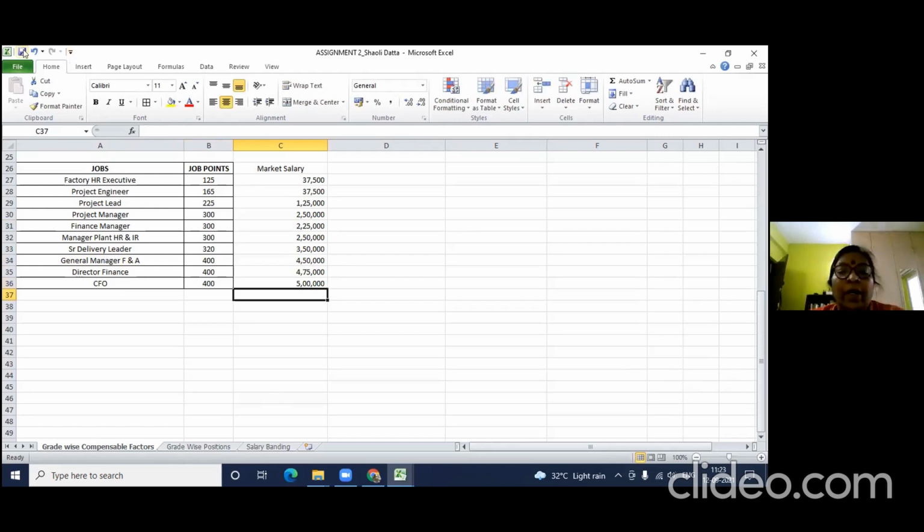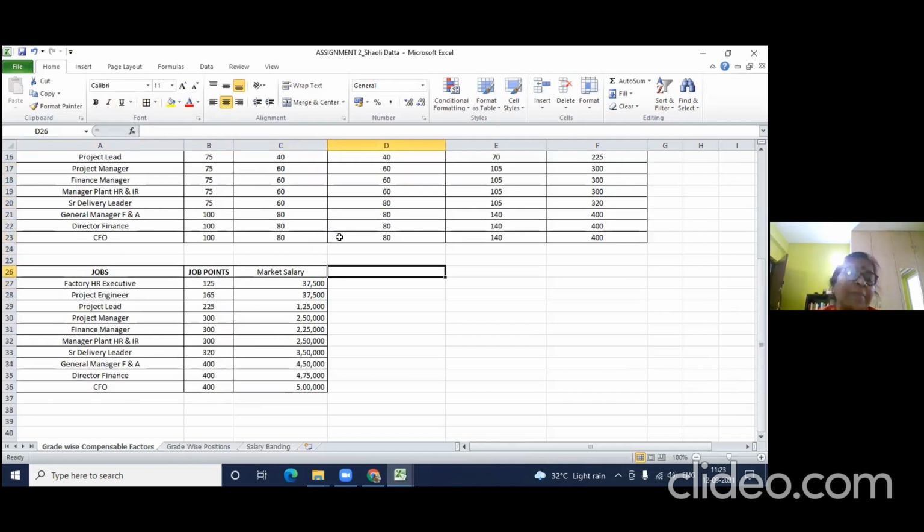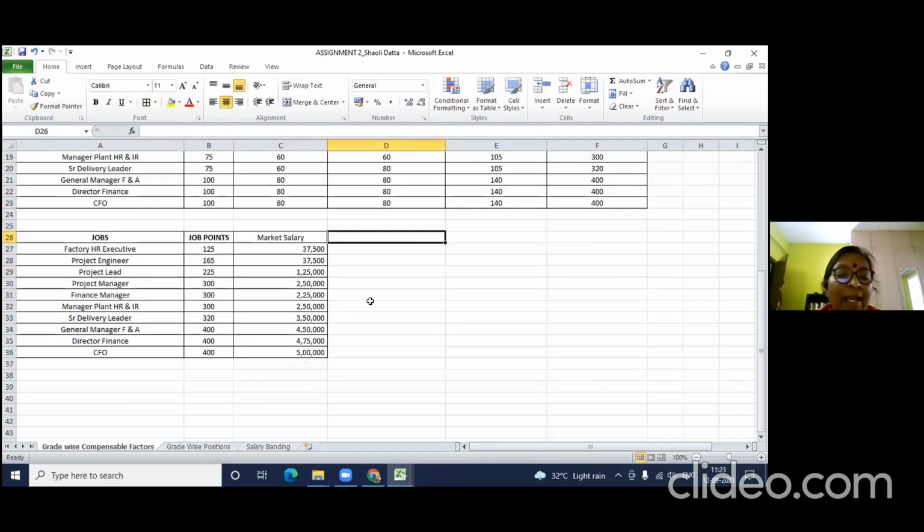Okay. Guys, you have done this market data. Now, typically what happens in market is that you will look at the job description and see that, say for example, your CFO is 5 lakhs. So that means you have evaluated at 400 points.